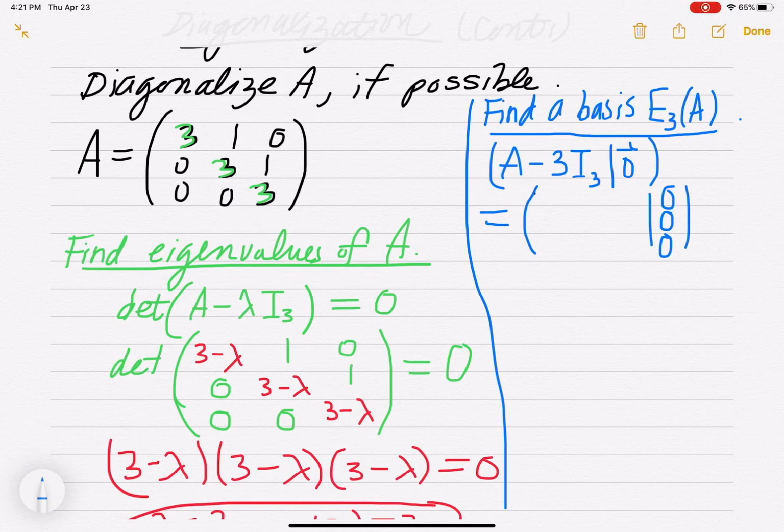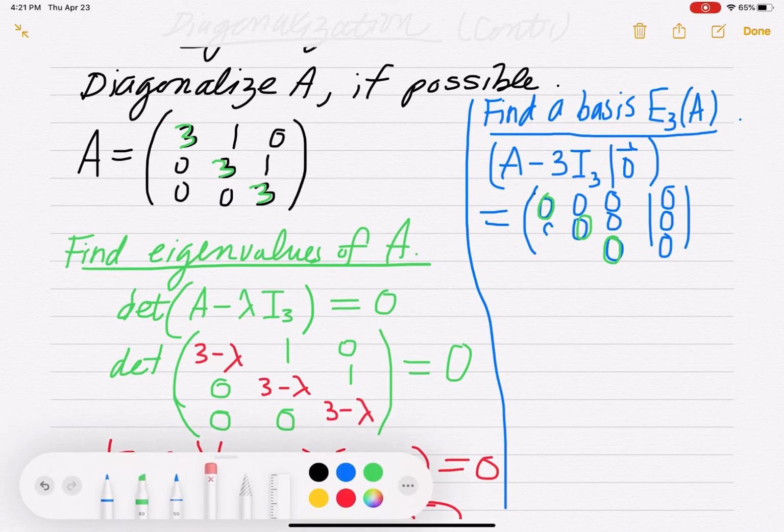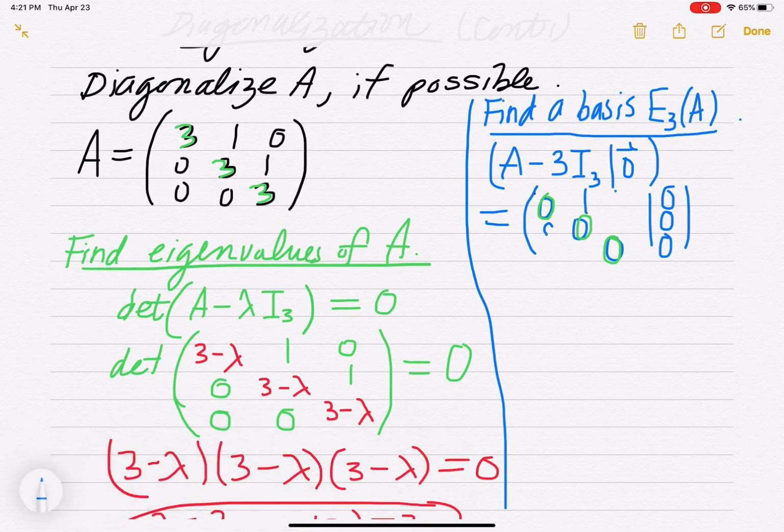Subtracting 3 from the main diagonal gives us zeros on the main diagonal. Everything else is the same. So you should have 1, 0, 1, and then here, 0, 0, 0. We just subtracted the eigenvalue 3 from the main diagonal.